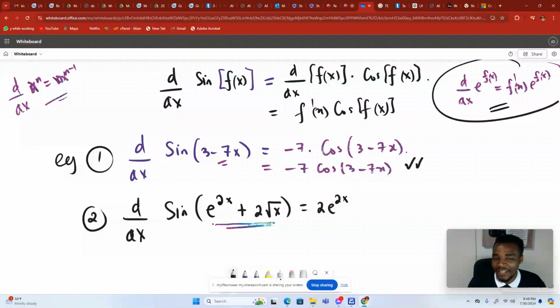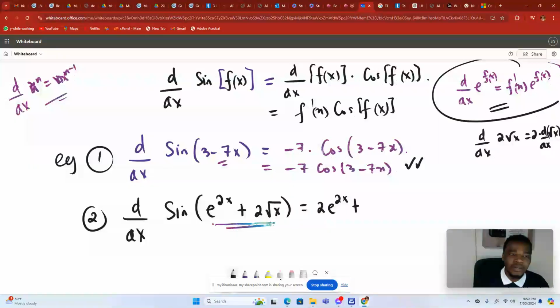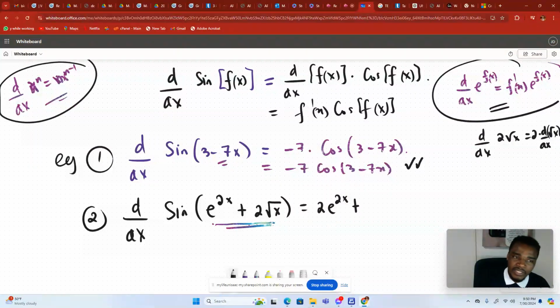Plus, okay, what about the derivative of 2 root x? Mathematically this is the same as 2 times the derivative of root x. And remember, we differentiate root x using this rule.